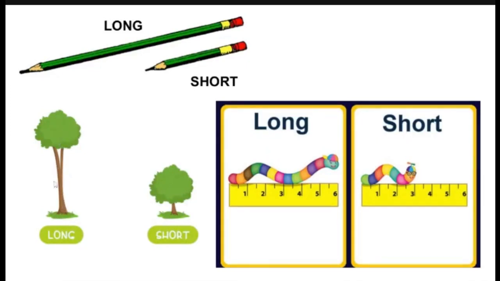And this tree is short. Now look at this worm. It's so long. And this worm is short. We can have long things and short things.